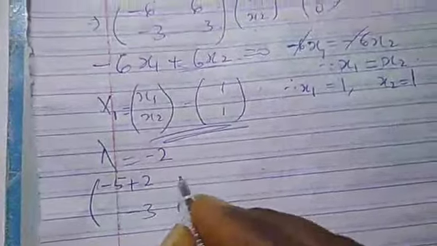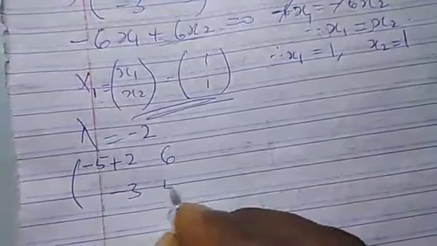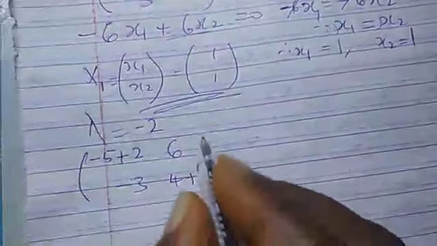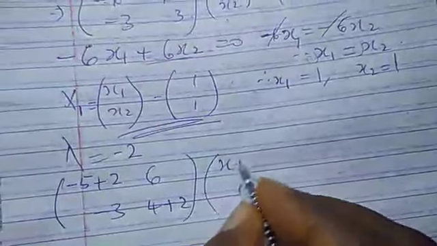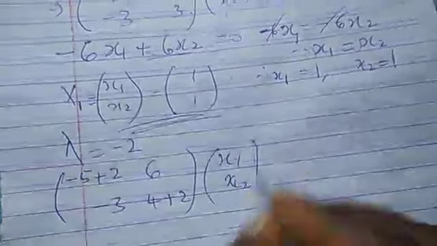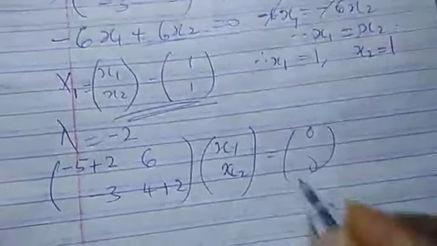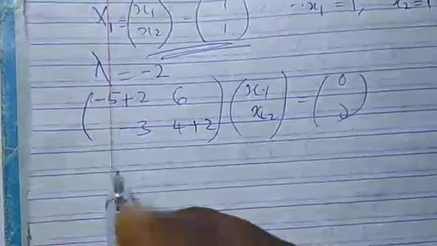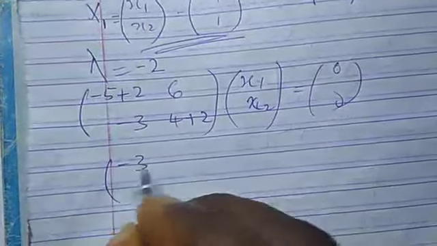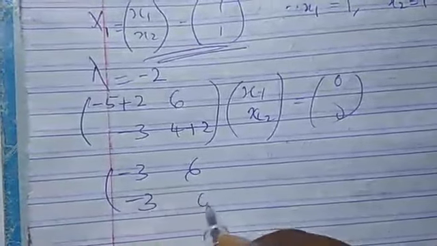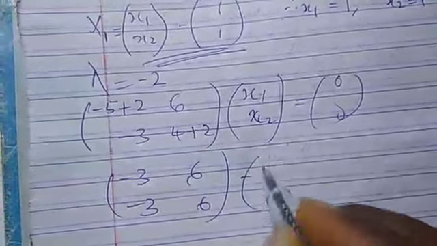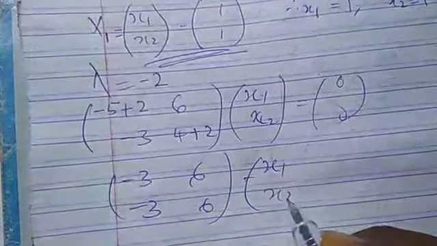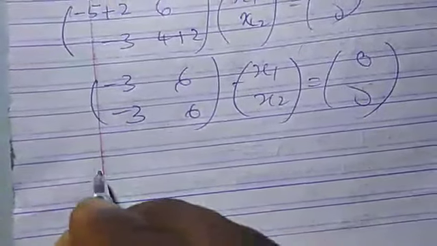Then minus 3 is here, 6 is here, 4 minus minus 2, that will be 6, times S1, S2 equal to 0, 0. So this will give me minus 3, 6, minus 3, 6. You will see that they are the same thing, just like the above two.